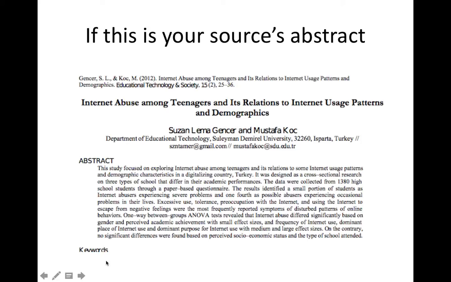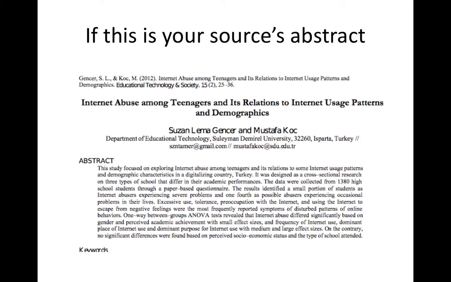Let's look at one example. So here's an abstract from a source. You guys have seen this if you've been looking at Academic Search Premier, these kinds of abstracts. This study focuses on exploring internet abuse among teenagers and its relations to some internet usage patterns and demographic characteristics in a digitalizing country, Turkey. It was designed as a cross-sectional research on 3 types of schools that differ in their academic performance.